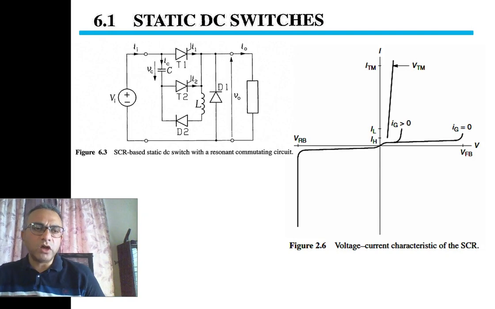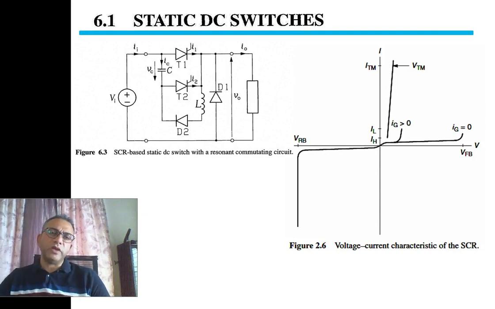So to turn off the SCR, we have to ensure that the current flowing through the SCR is less than the holding current. And for this turn off process, we are using an additional circuit, which includes capacitor, thyristor T2, inductor L and D2. This additional network is used only to turn off the SCR.